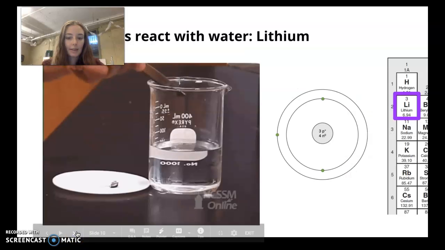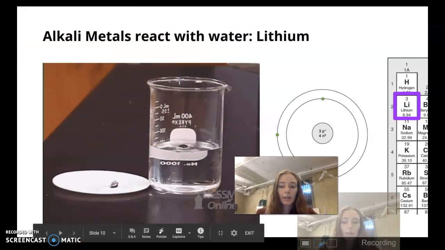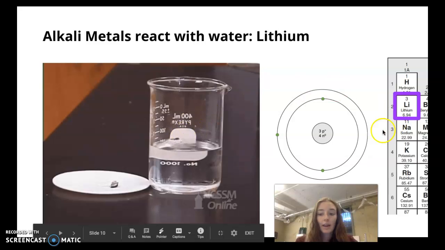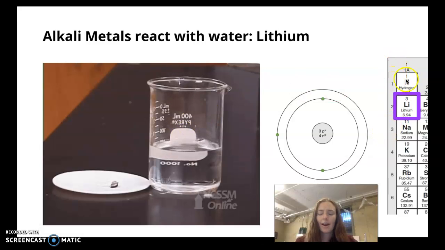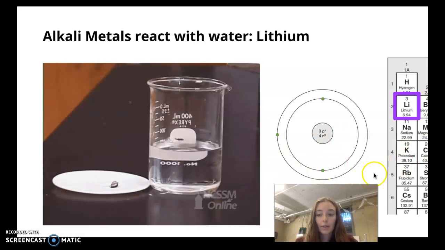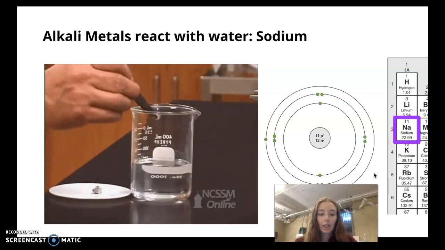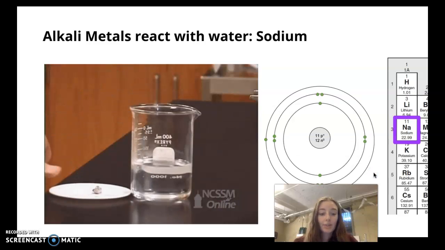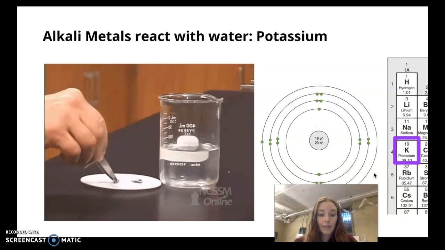We are going to go through this part quickly, but this is showing elements in group 1A, and what happens when they are added to water. So first we have lithium with one valence electron, then we have sodium, notice it bubbles a little bit more.